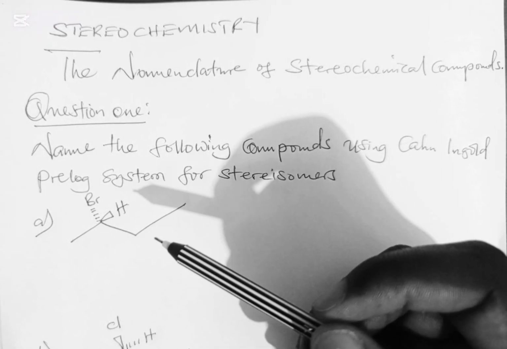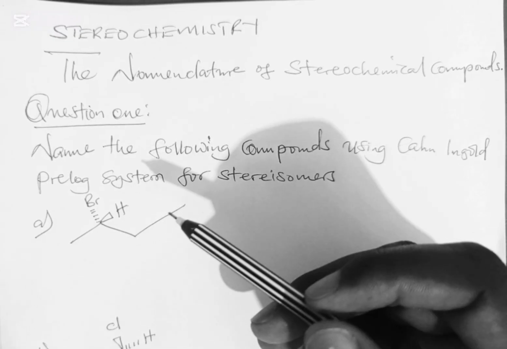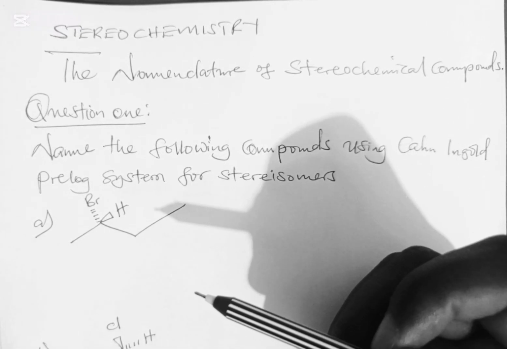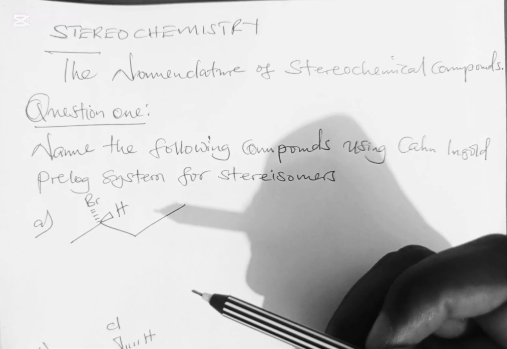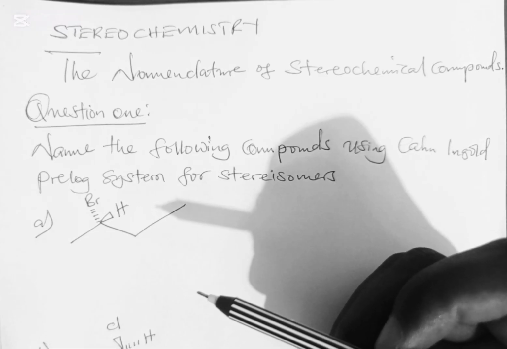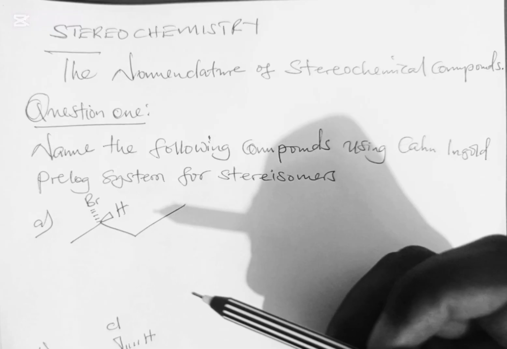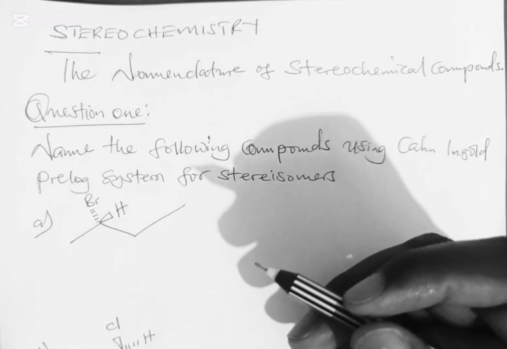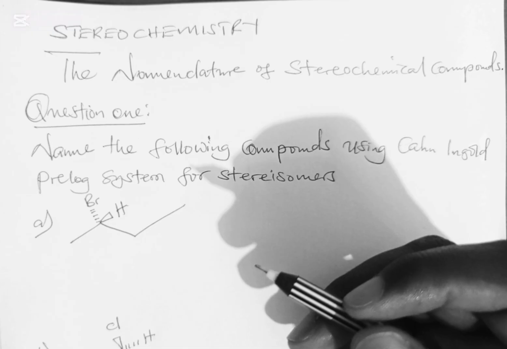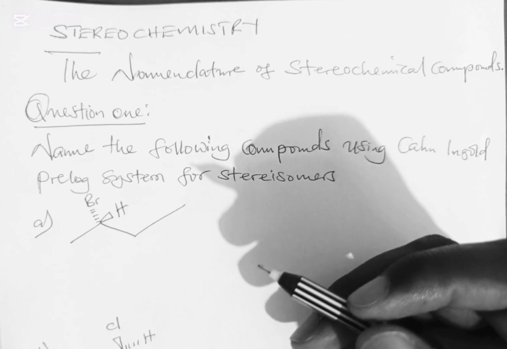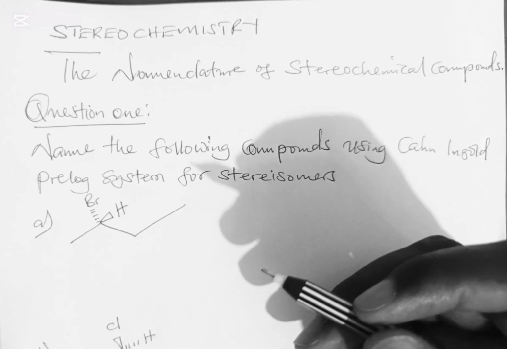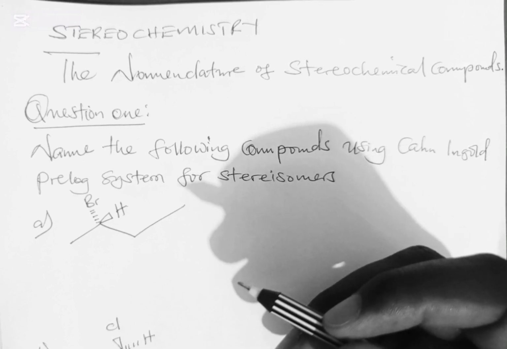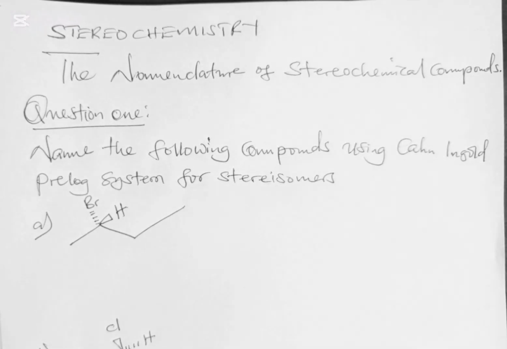So, remember in the video I did mention that the RS configuration applies to a chiral center. So meaning that the first thing that you have to look out for is a chiral center in that given compound. Once you find the chiral center, you should be able to assign whether it is R configuration or S configuration. From there, that's when you can name the compound. So I want us to do that in this question.